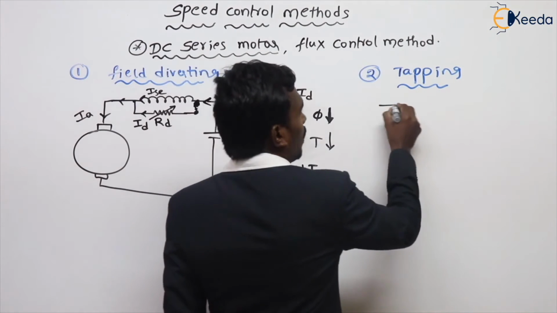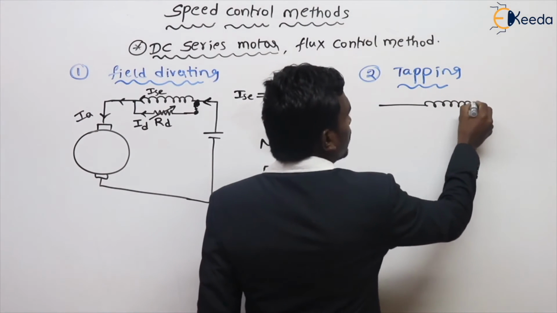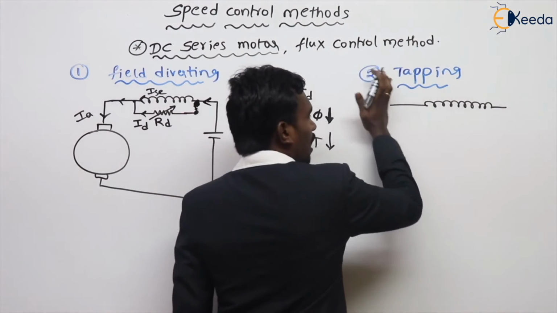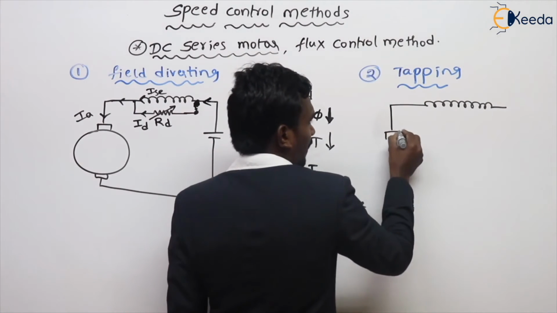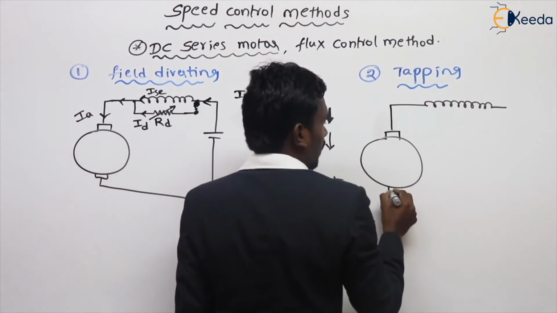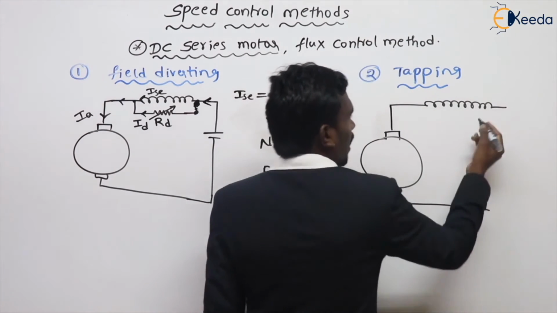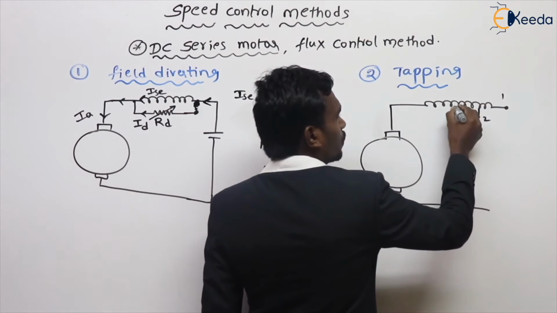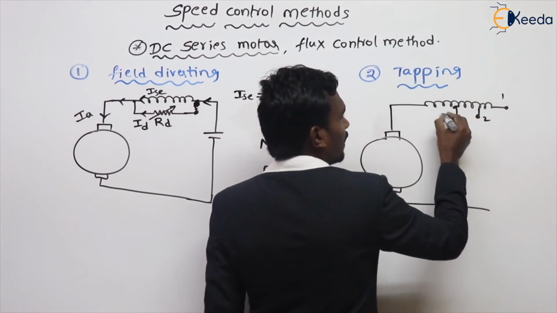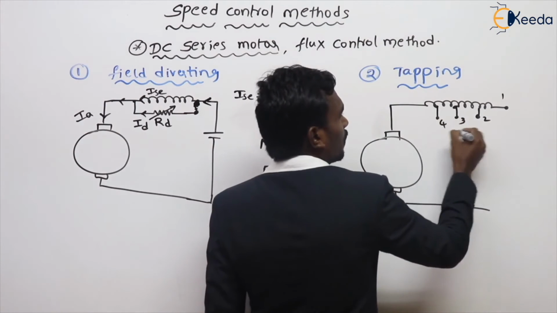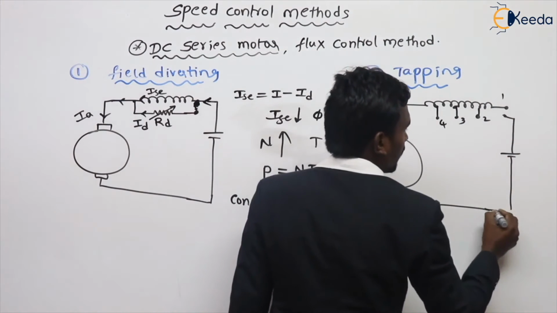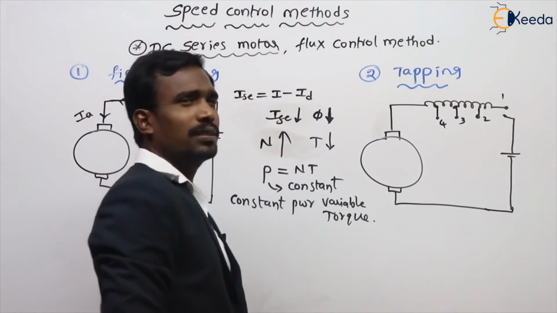Let's see how. For example, this is my field winding which is connected to the armature. Here, for example, tapping 1, tapping 2, tapping 3 and tapping 4, like this. We can have many tappings as per our requirements.